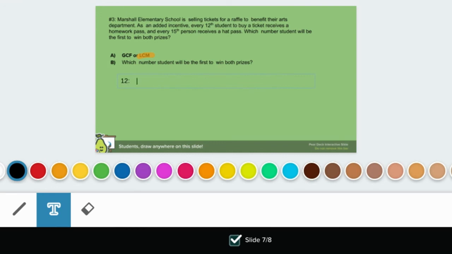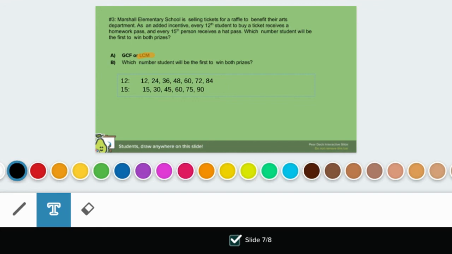So I'm going to list the multiples of 12. So 12, 24, 36, 48, 60, 72, and 84. And hopefully that's enough. And then the multiples of 15 are 15, 30, 45, 60, 75, 90.